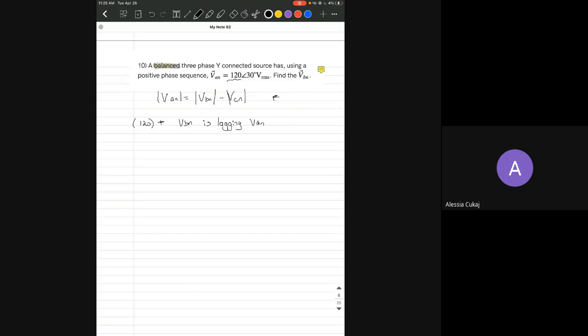We can just plug into this formula in terms of VBN. So VBN is equal to VAN angle 30 minus 120 degrees. You just do the math, which is 30 minus 120.